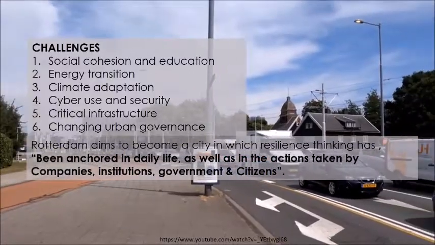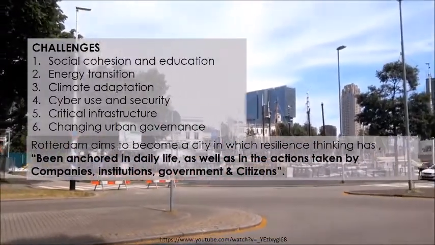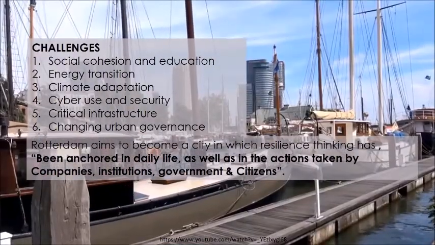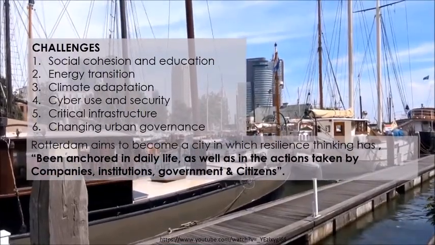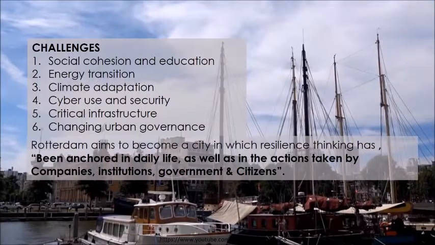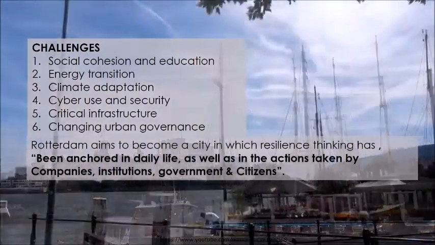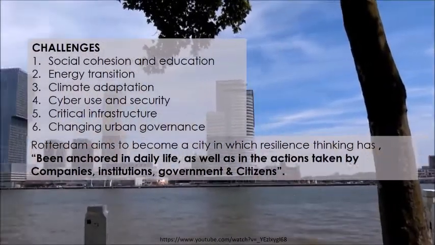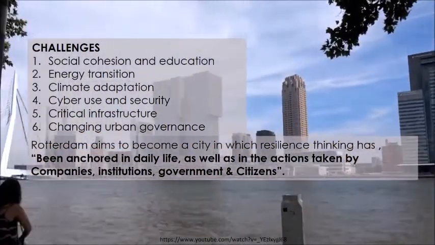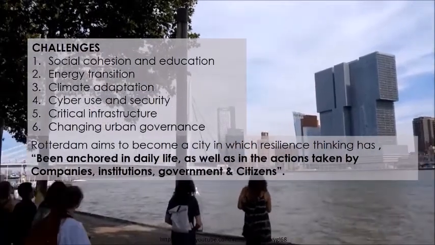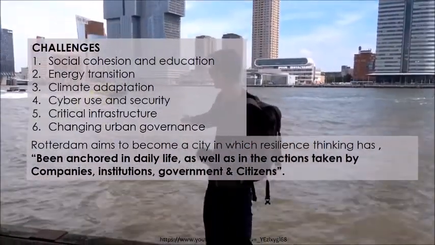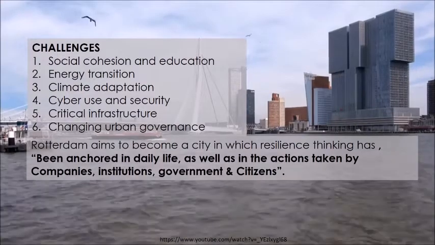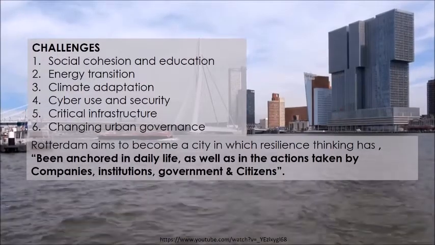The challenges pertain to social cohesion and education, energy transition, climate adaptation, cyber use and security, critical infrastructure, and urban governance. Rotterdam believed in being anchored in daily life as well as in the actions taken by companies, institutions, government, and citizens. That means it believed in the role of stakeholders in planning.